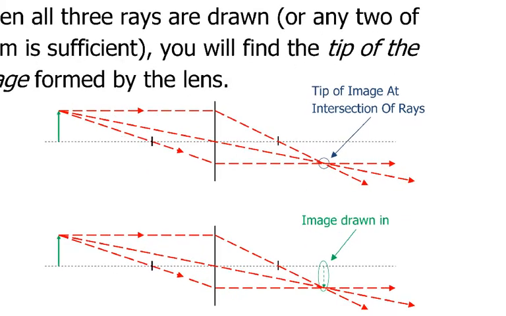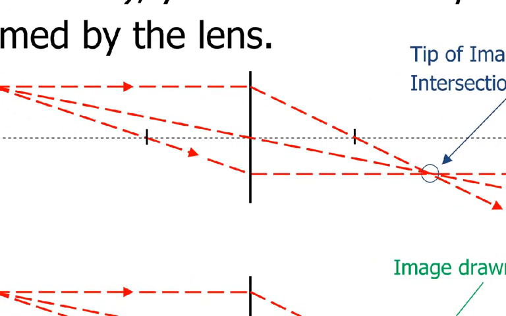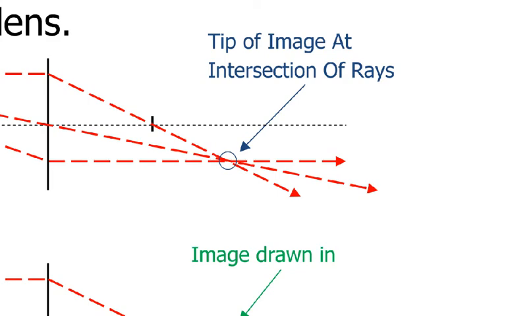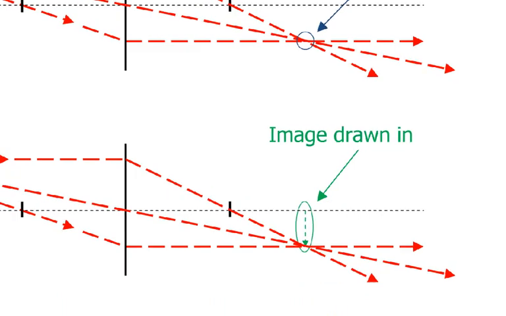Alright? So ray number 1, ray number 2, straight through the center, ray number 3, just like this. There's that intersection point, where the tip of the image will be. Right there. Alright, so then what? Well, then we draw the image in.